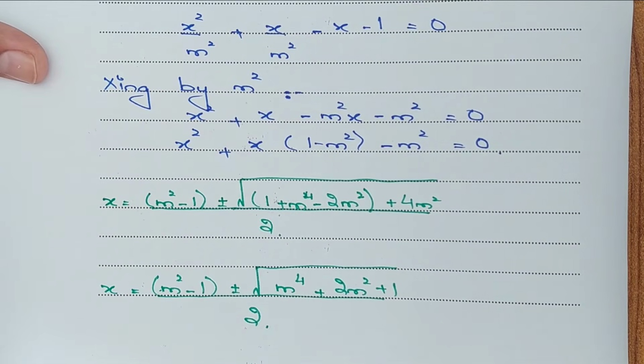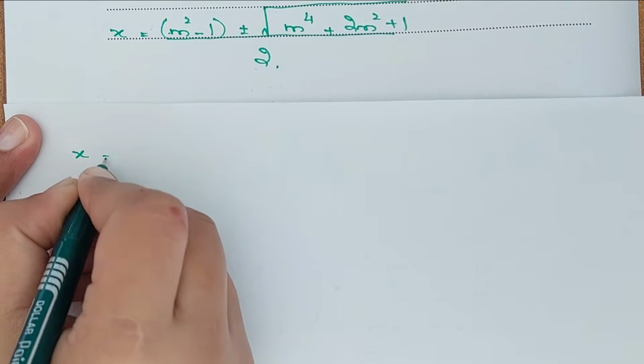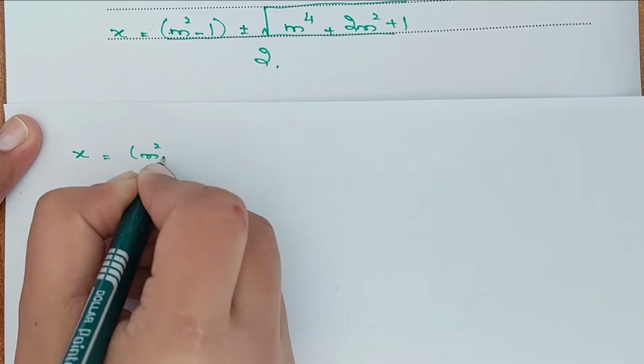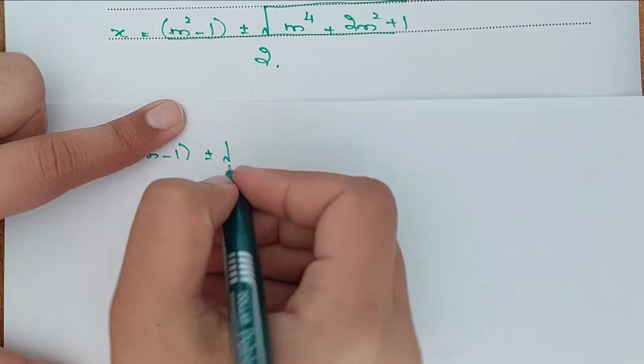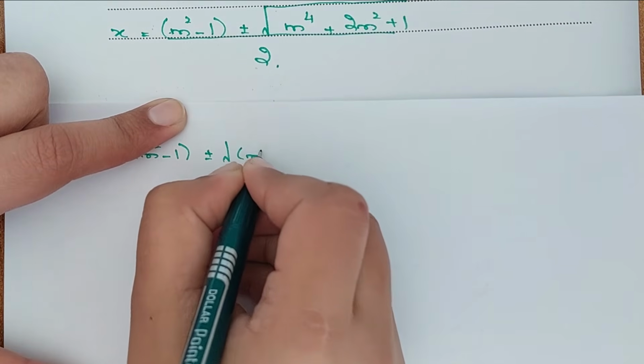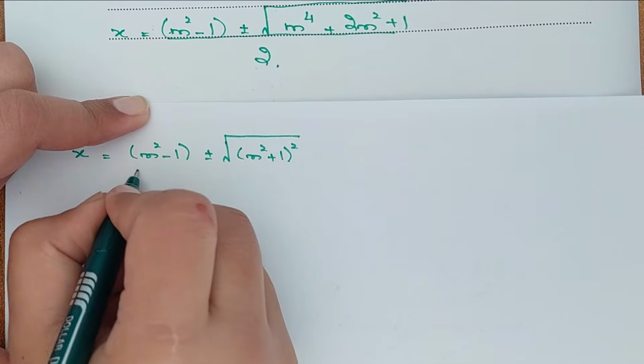Okay, let me simplify this further. Further simplification gives me x equals m squared minus 1 plus or minus the square root of (m squared plus 1) whole squared, divided by 2.